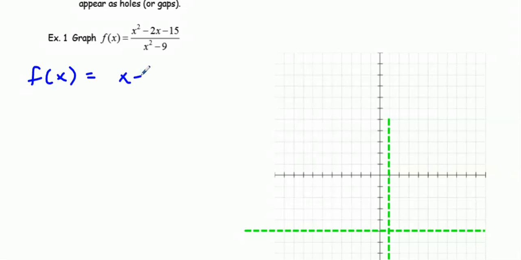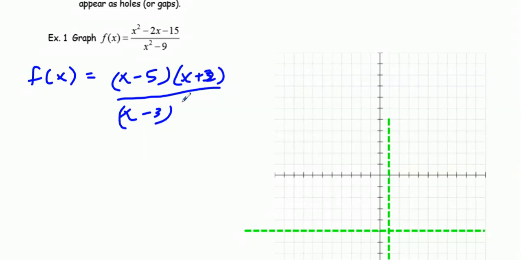This is going to be x minus 5 times x plus 3, and this is x minus 3 times x plus 3. So you can see, not so easily, that there is this common factor of x plus 3.